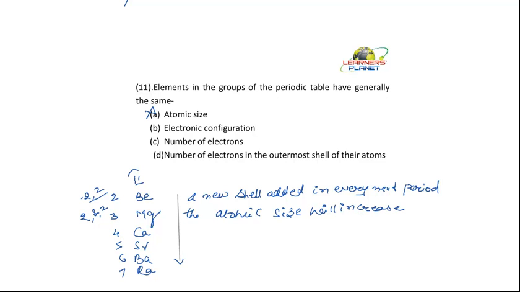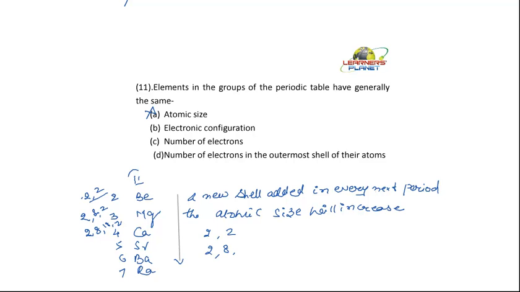Calcium belongs to the fourth period and it would be 2, then 8, then how much? 18 and 2. So is the configuration same?